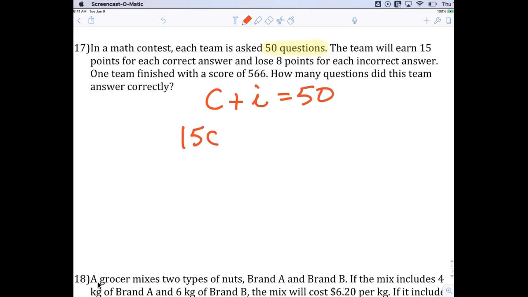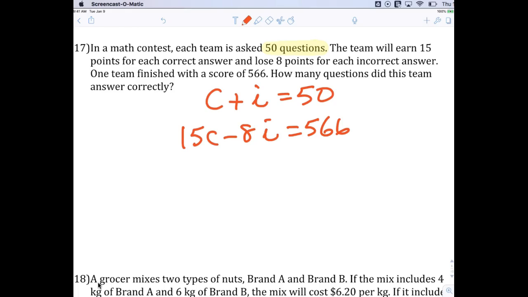Uh-oh. Now what? Not plus, because you lose points. Minus 8I equals what? Come on, guys. That was not that hard. I threw in a little tricky one there because of the minus. Does everybody agree with me on that?